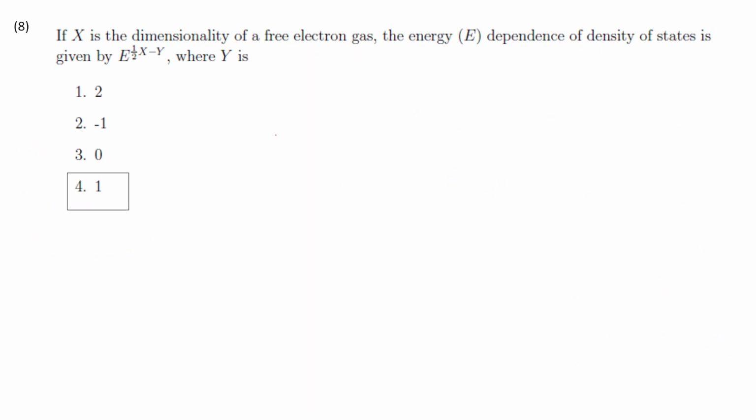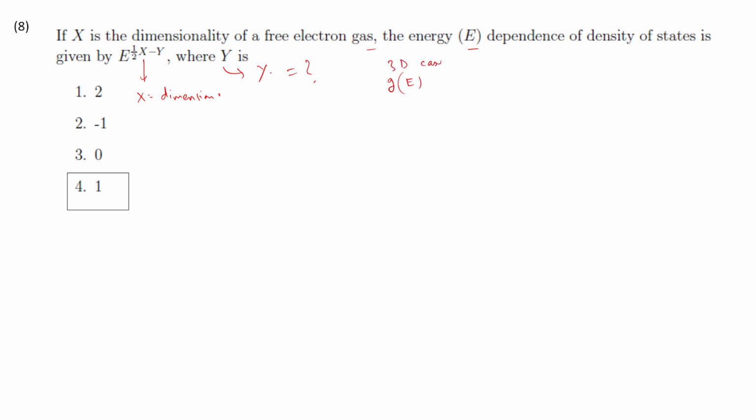Okay, now this question: the dimensionality of the free electron gas, the energy E dependence of the density of states is given by this, where x is the dimensionality. So what is y? This you have to find. So one of the very direct methods is, we know the example of a three-dimensional case.